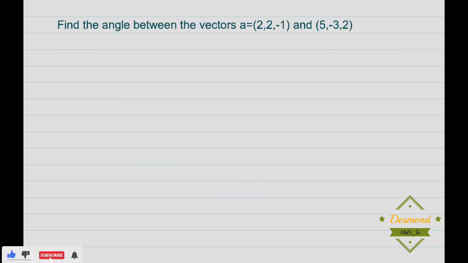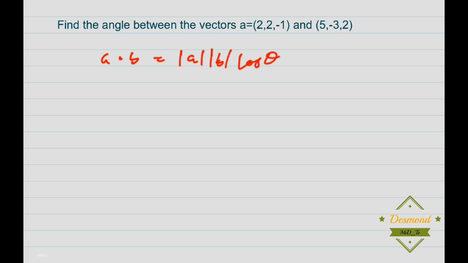Now let's look at another example. With the previous formula that we just did, where we said A dot B should be equal to the modulus of A multiplying the modulus of B cos theta, let's say we have: find the angle between the vectors A, which is equal to (2, 2, -1), and B, (5, -3, 2).